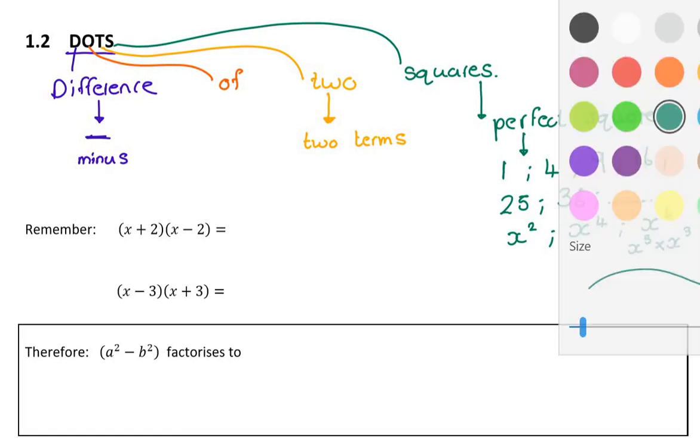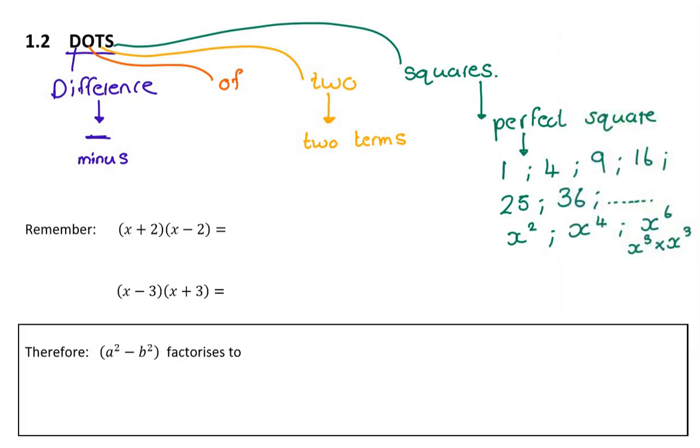Okay, now in order for us to understand what DOTS are and how to factorize them, we need to know how to multiply out. The whole of factorizing is undoing multiplying out, so if you understand multiplying out very well, then you become very good at factorizing.